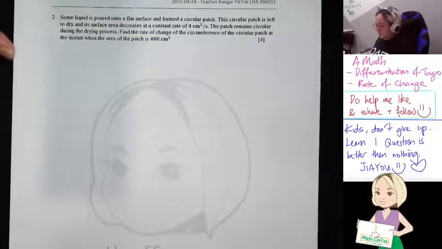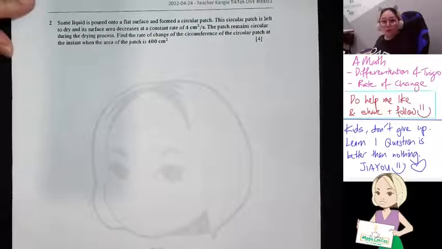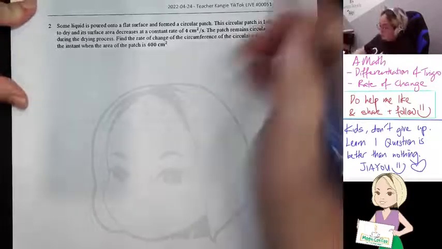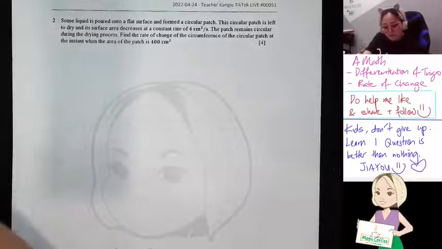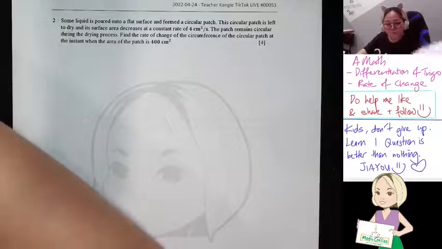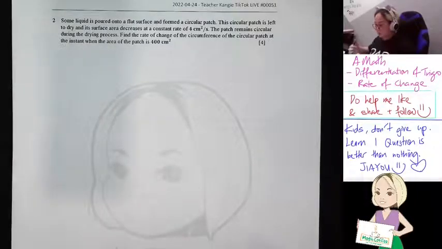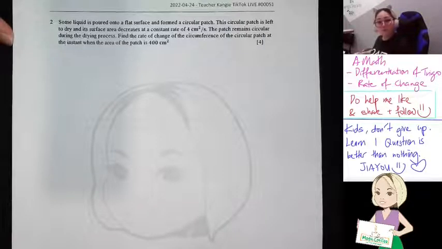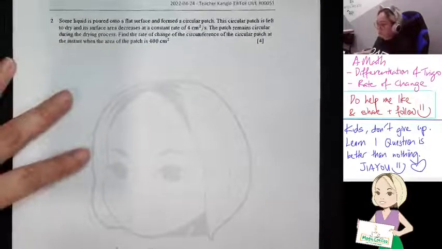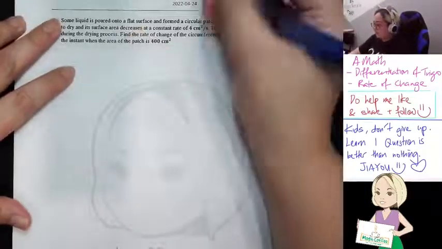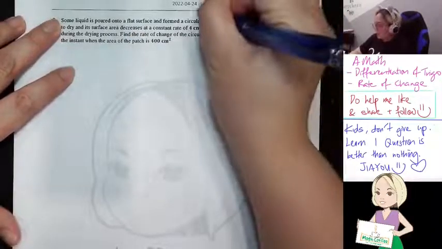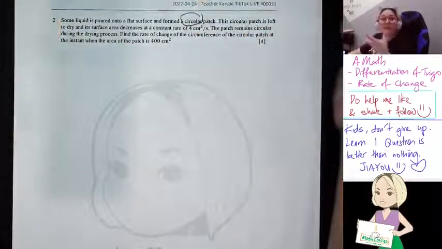Okay. Now question 2. Let me find my paper first. Some liquid is poured onto a flat surface and forms a circular patch. The keyword is circular. Circular means circle.